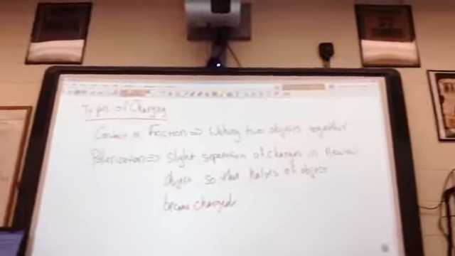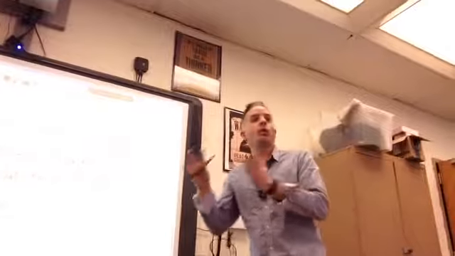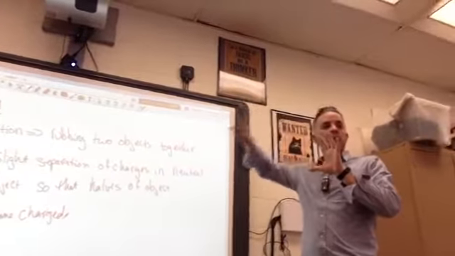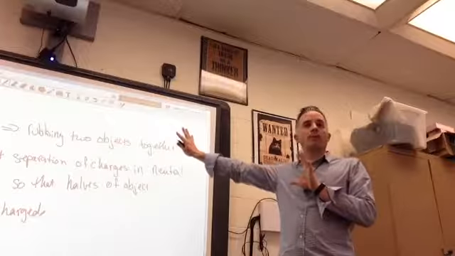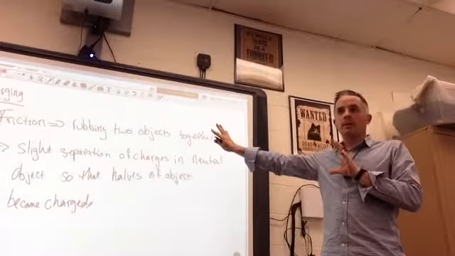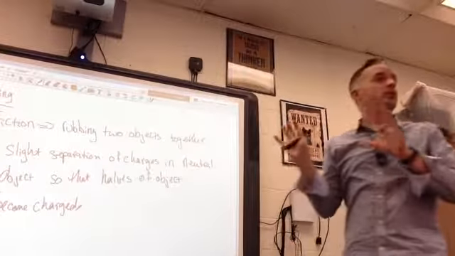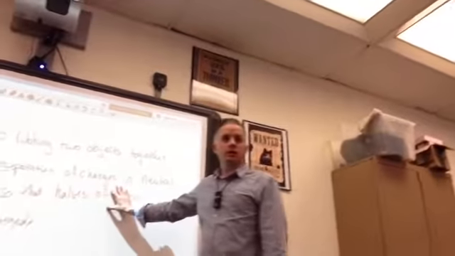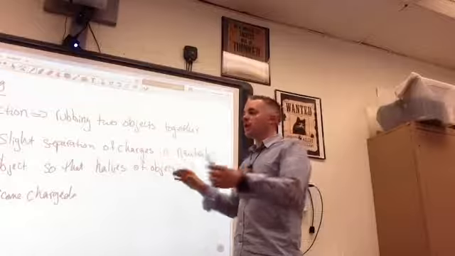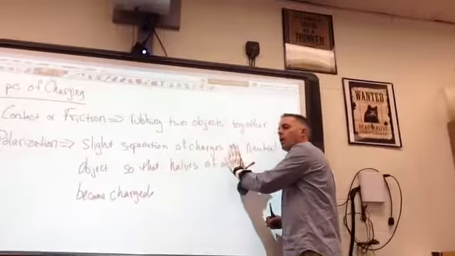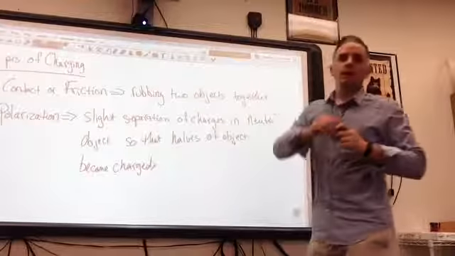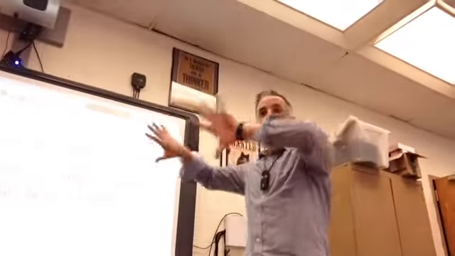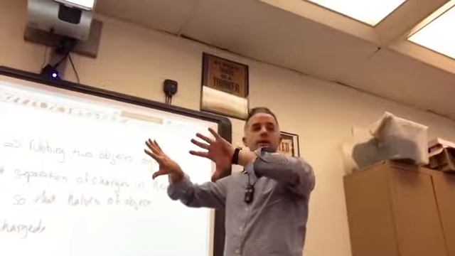Right, so when you brought the balloon near the wall, did you notice that the negatives ran away from the balloon? But overall, the wall stayed neutrally charged. That's charge polarization. So when you bring a charged object up to the wall, the electrons were repelled because you have electrons on the balloon and they wanted to repel. They follow the same rules as always.